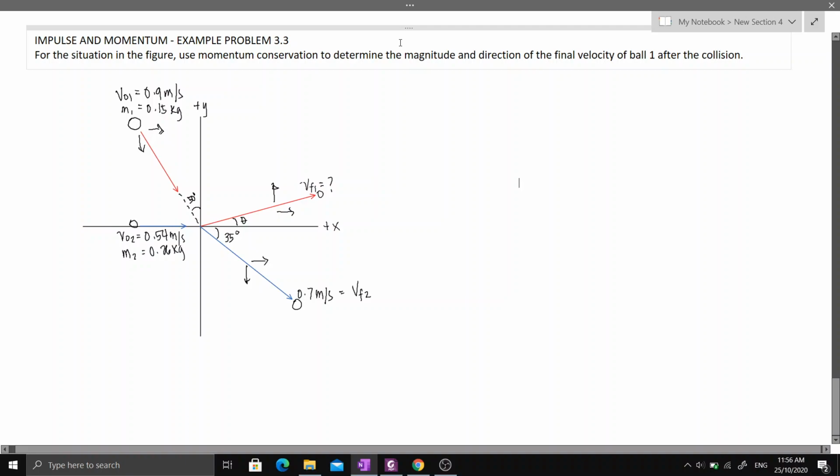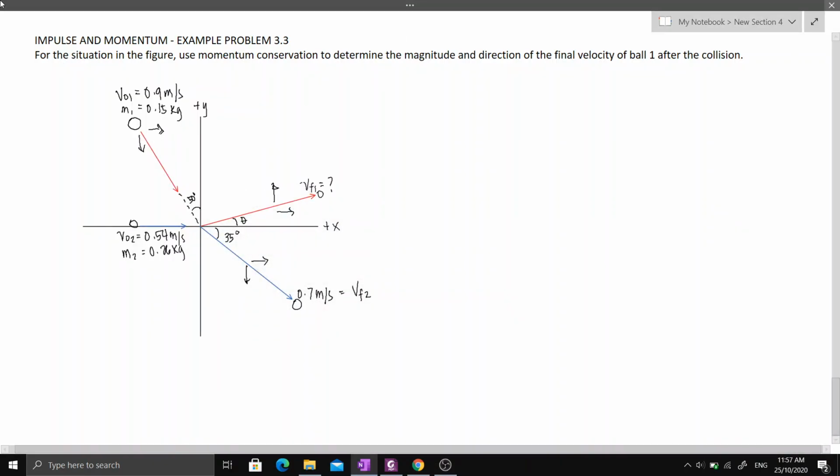For the last example problem in this chapter, we have example problem 3.3. So let us first analyze this figure. We have balls 1 and 2, and each ball has a different mass.